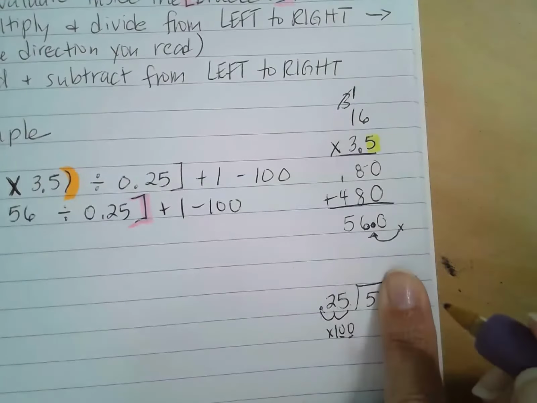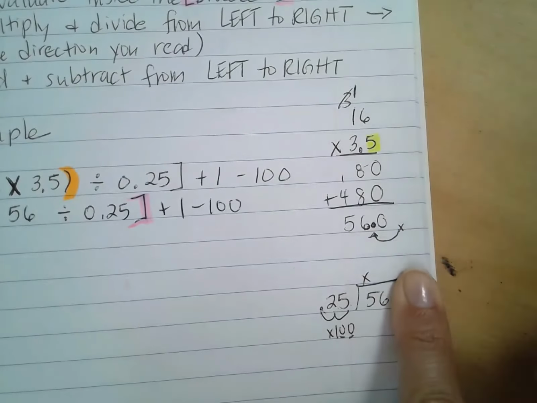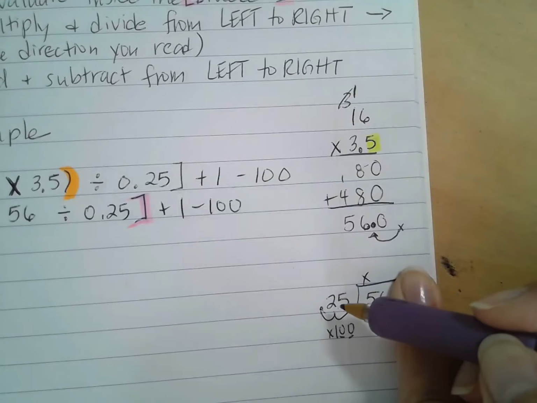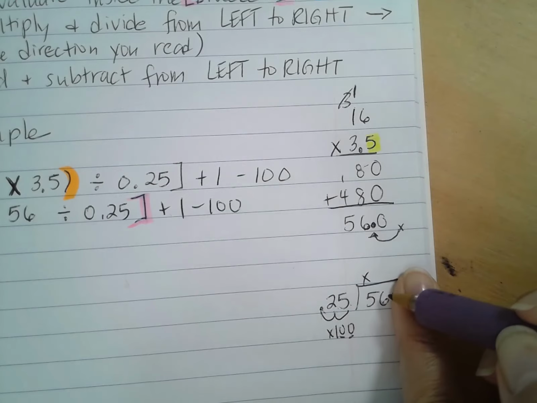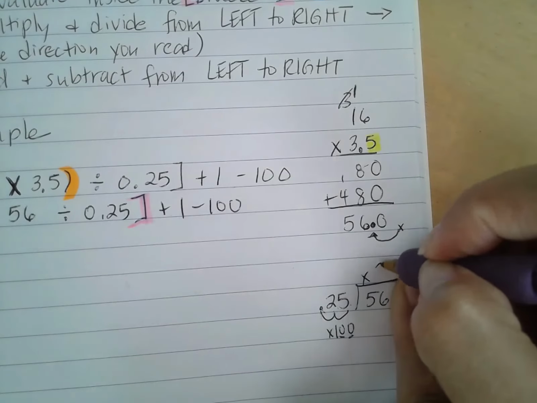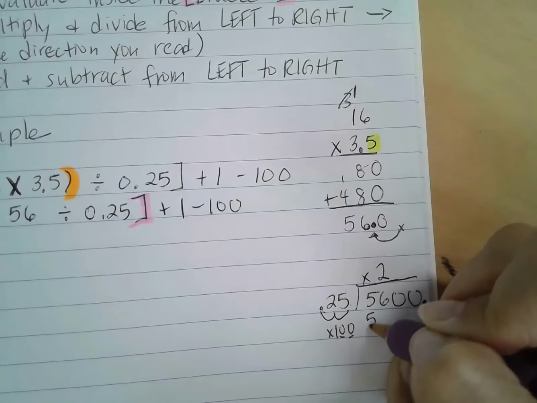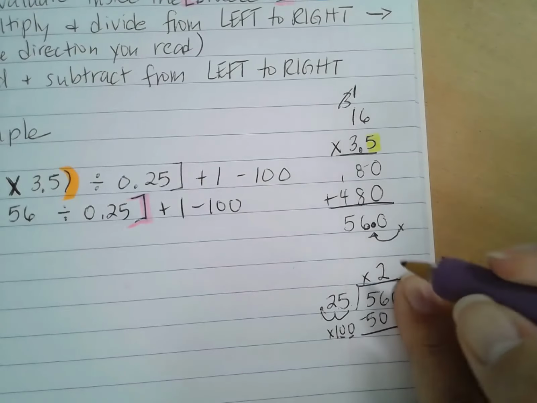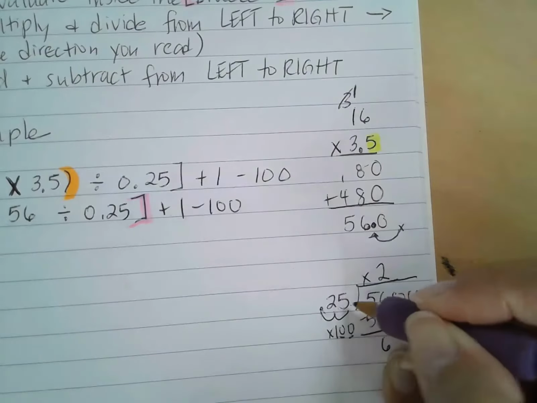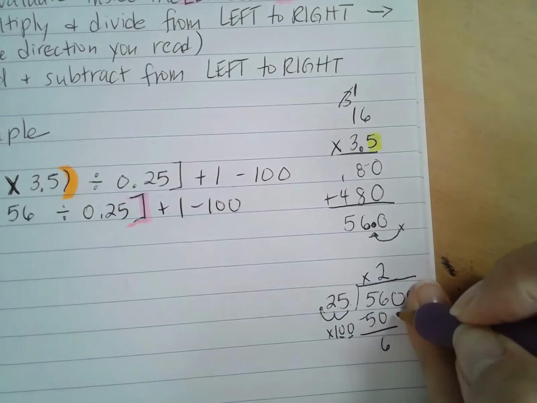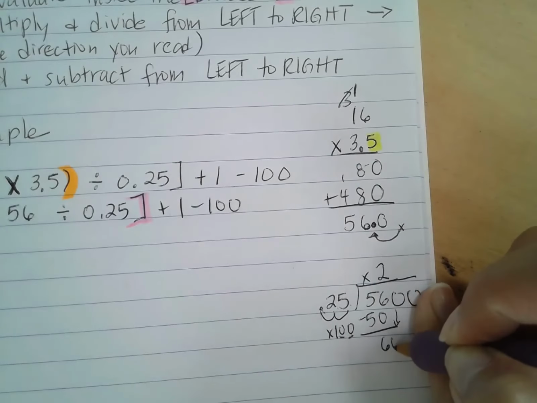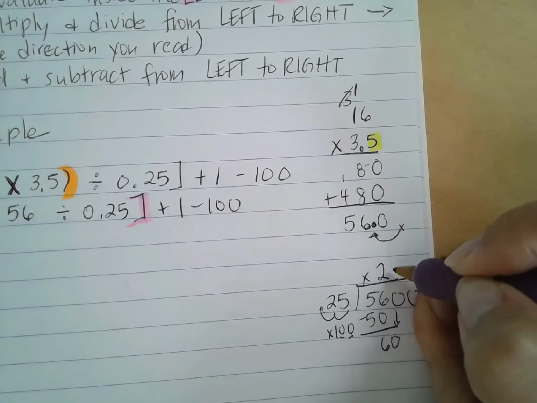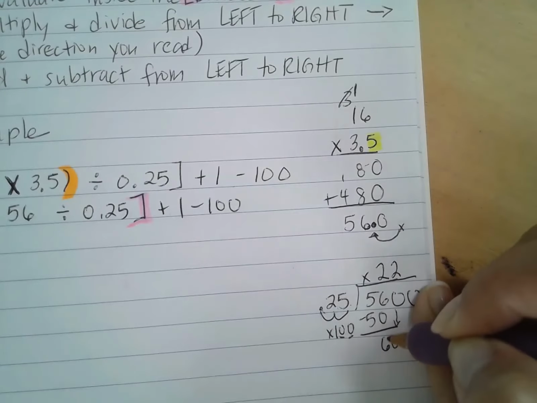25 does not go into 5. 25 goes into 56. If I think about quarters, I know 2 quarters makes 50 cents, so that is times 2. 25 times 2 is 50. Then I do my subtraction. 56 minus 50 is 6. 6 is smaller than 25, so I bring down my 0. 25 goes into 60 again 2 times because 25 times 2 is 50.